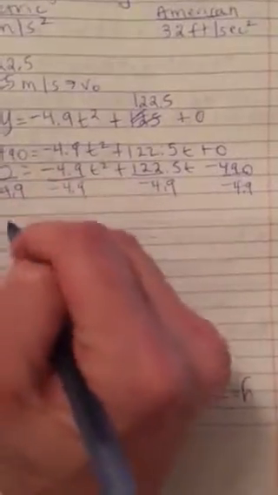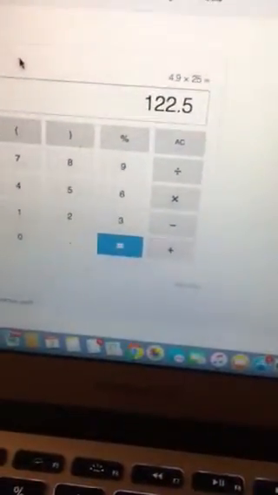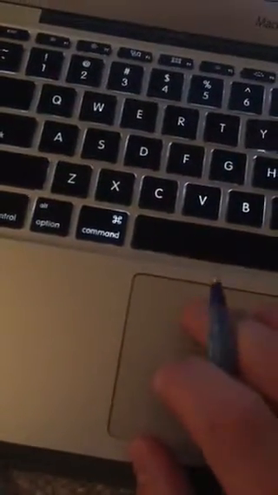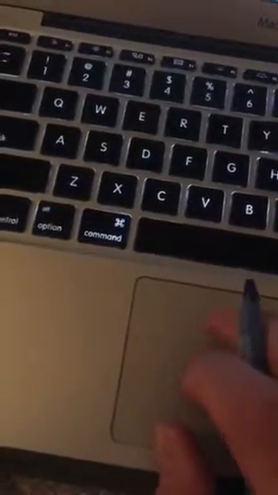0 is equal to t squared plus, I'm going to have to consult the math goddess. So I'm going to divide this by 4.9, and it seems like we're getting out the number 25.